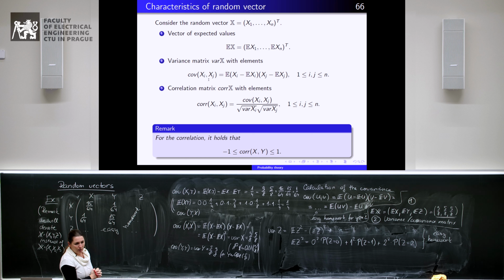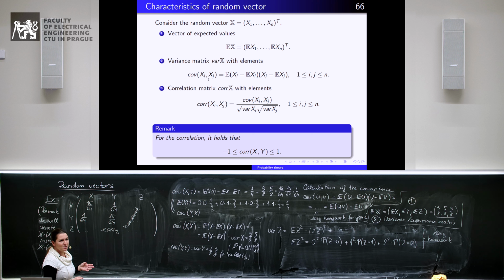So the covariance matrix or the variance matrix is quite nice because it shows us some basic properties of the behavior of the random vector, the basic relationship among the random variables in the vector, in the sense that when the covariances are positive, then we know that these two variables are growing together.